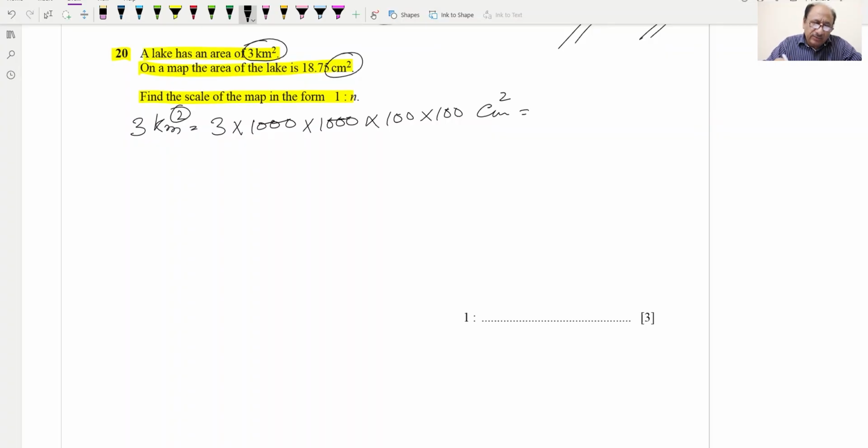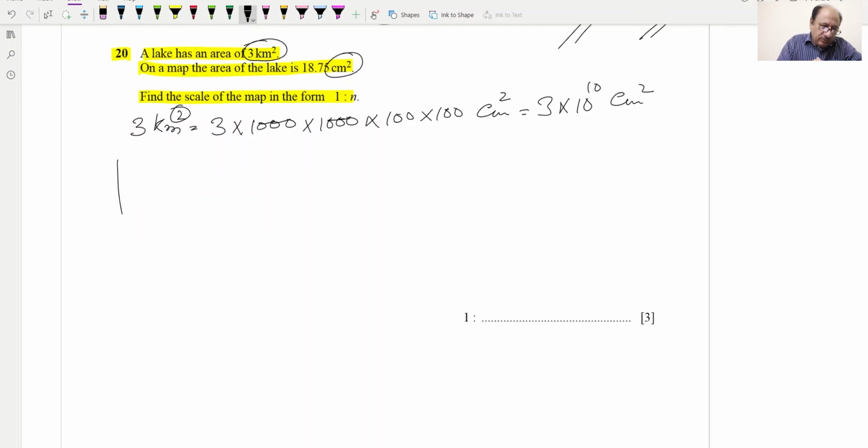If we write this in one format, it will be 3 followed by 10 zeros, or we can write 3 into 10 raised to the power 10. This will be in centimeters squared. Now this is basically a square format.